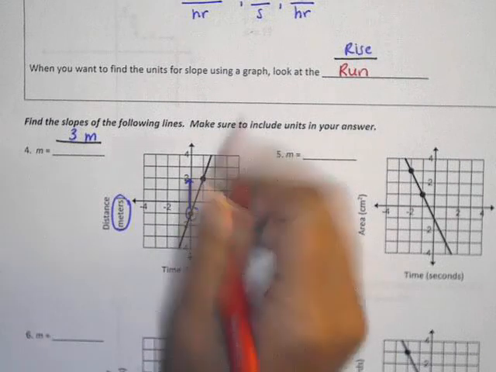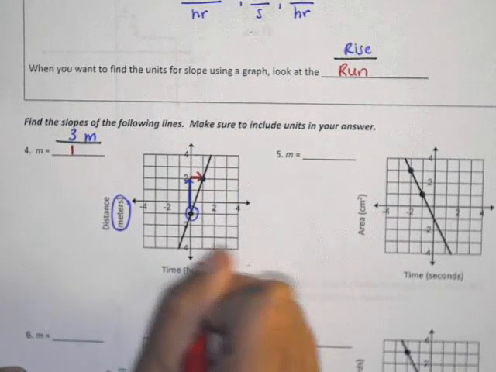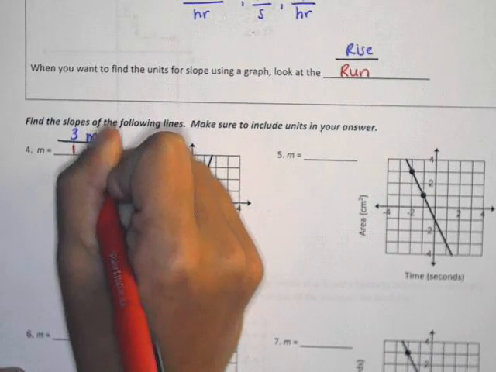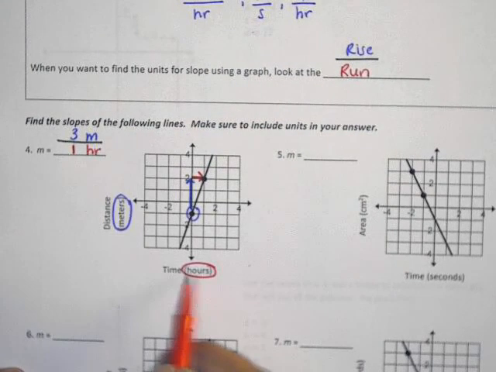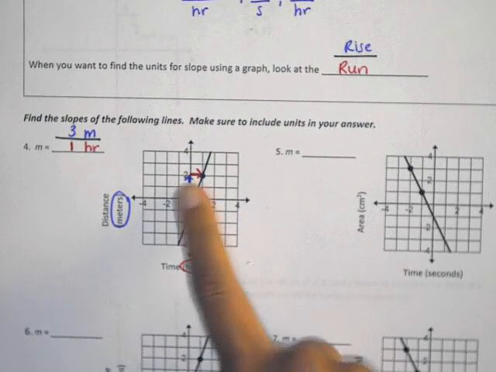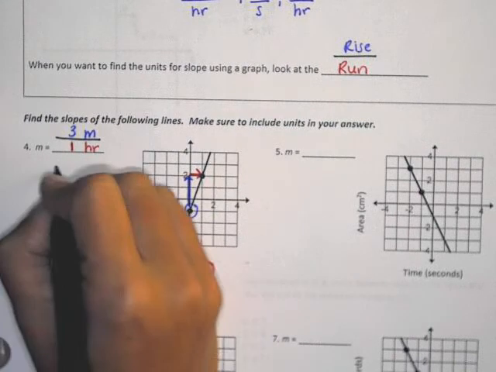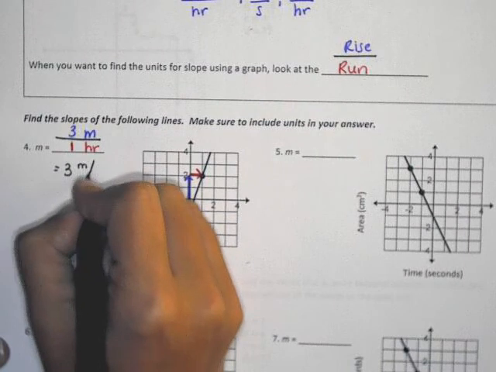Now my run would be right 1 space, and the units for my run would be hours, which is the horizontal units of the graph. You'll notice that they go the same way as the arrows, so it can kind of help you line things up. Now 3 divided by 1 could be simplified to 3 meters per hour.